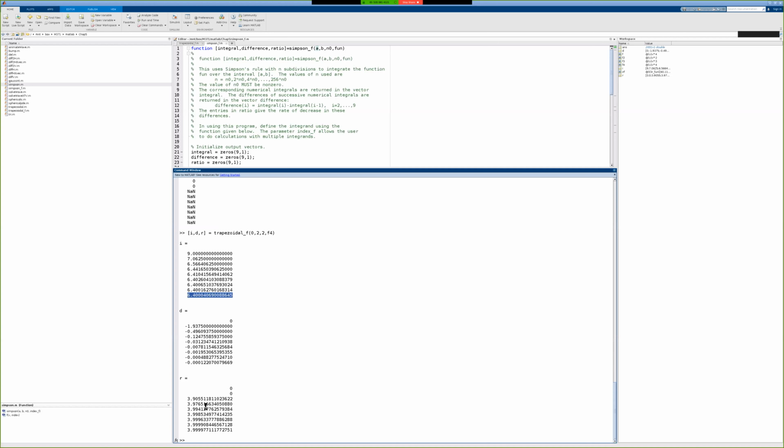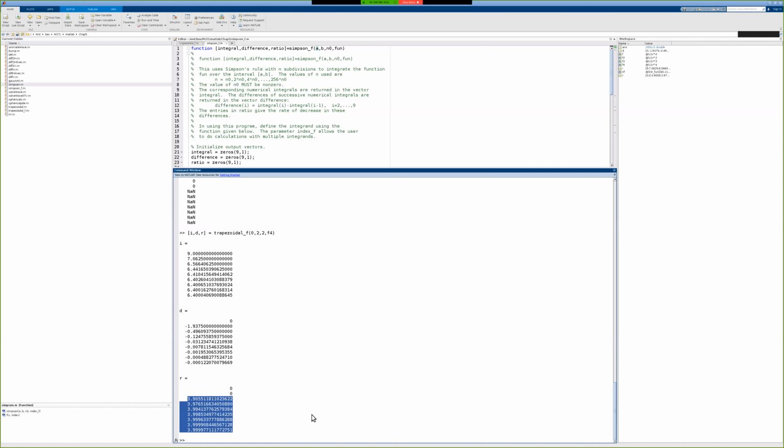Once again, you can see that the ratios between the differences are all essentially 4. It's not quite as pretty as it was in the previous 2 examples, but it's still essentially 4. So the difference is reduced by 4 with each iteration.